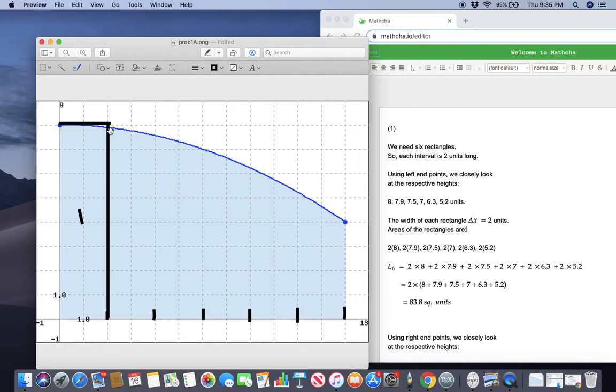So I need to go slightly below. And now we start drawing the second rectangle.